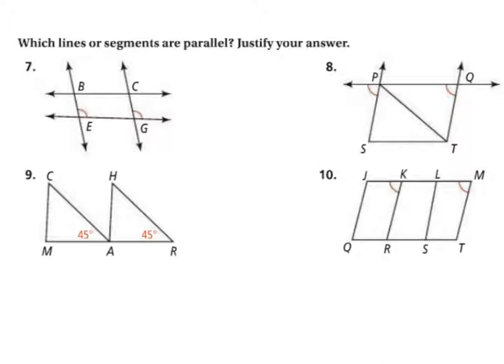When I look at angle G, it uses this line and this line to create angle G. And then to create angle E, I use that existing line I just drew and this one. When you draw that all out, it's pretty obvious to see, oh, there are my parallel lines, and there's my transversal right there. So when it asks which lines are parallel, I'm going to say line BE is parallel to line CG.